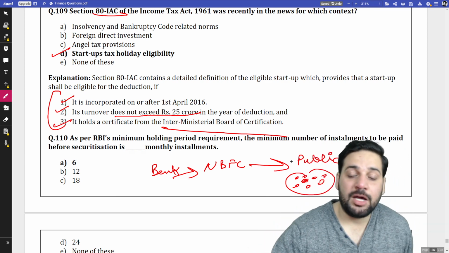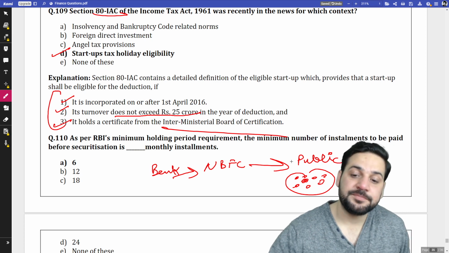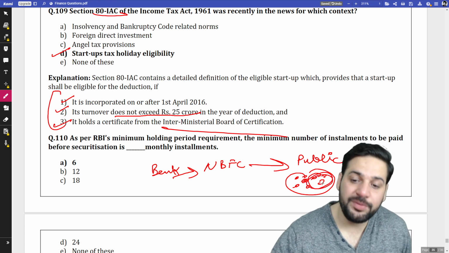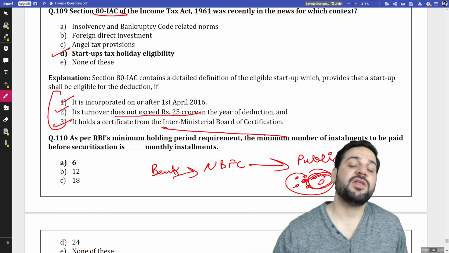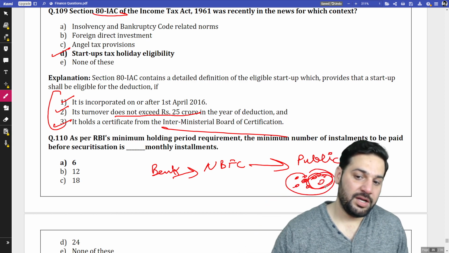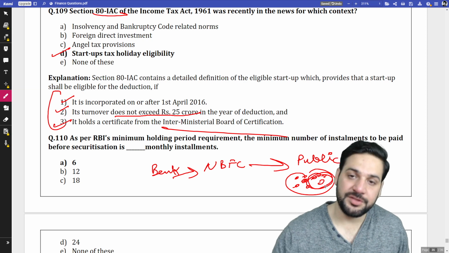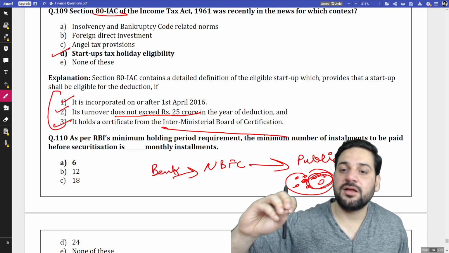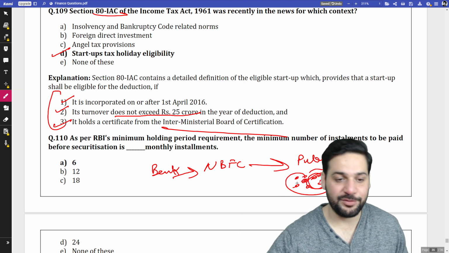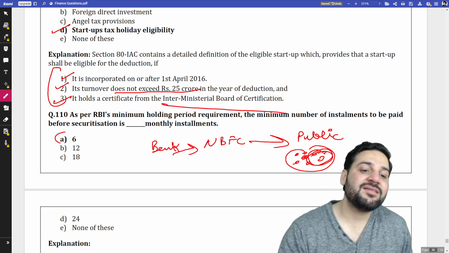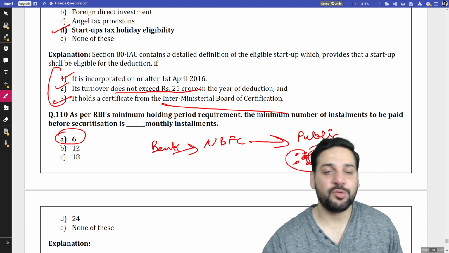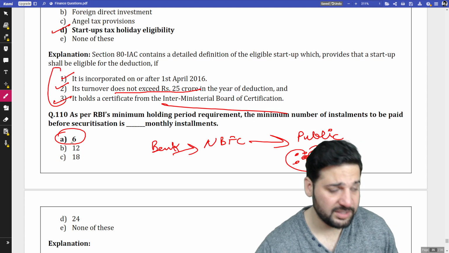But according to RBI's guidelines, a part of these loans should be held by the NBFC. They should hold a part of this loan, and before selling these loans, they should have already recovered some installments. How many installments are we talking about? These are 6 monthly installments, or 2 quarterly installments, or 1 half-yearly installment.